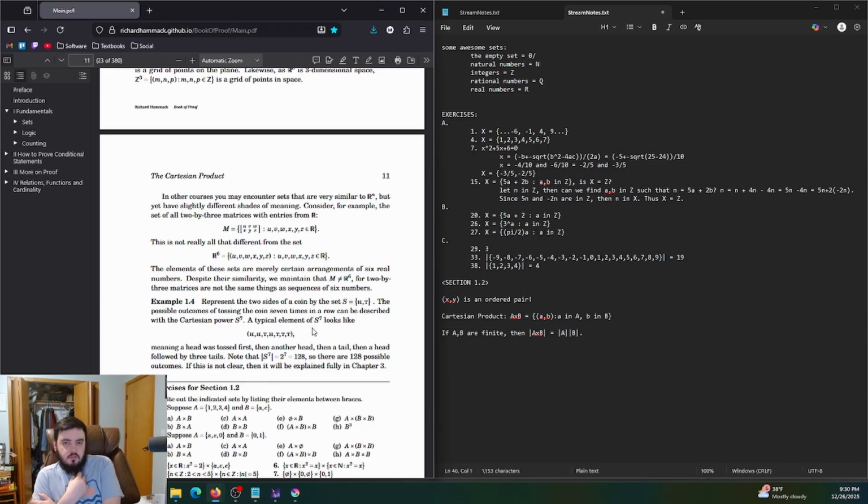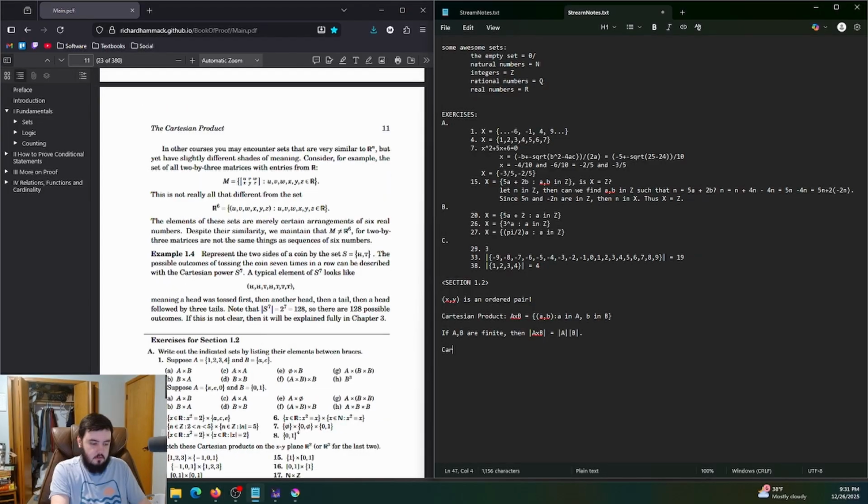Consider, for example, the set of all 2x3 matrices with entries from R. This is not really all that different from the set R to the 6. The elements of these sets are merely certain arrangements of six real numbers. Despite their similarity, we maintain that M is not equal to R to the 6, for 2x3 matrices are not the same things as sequences of six numbers.